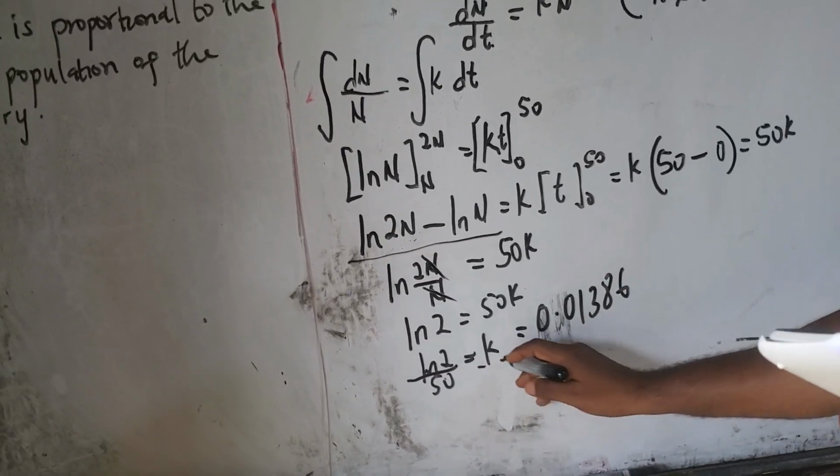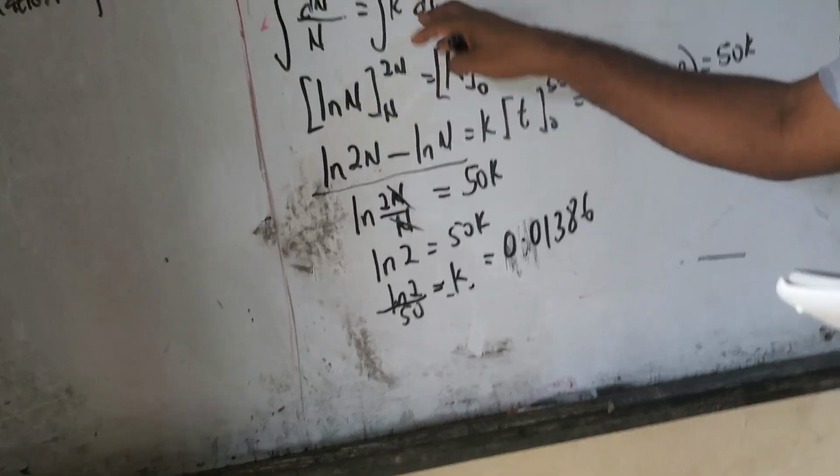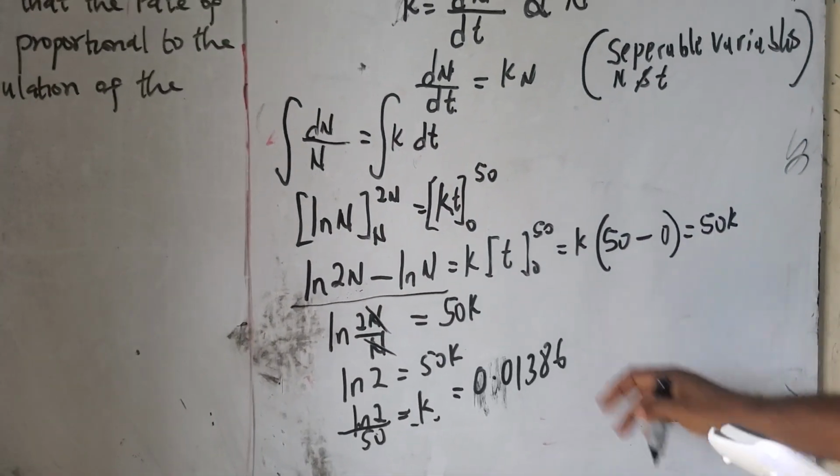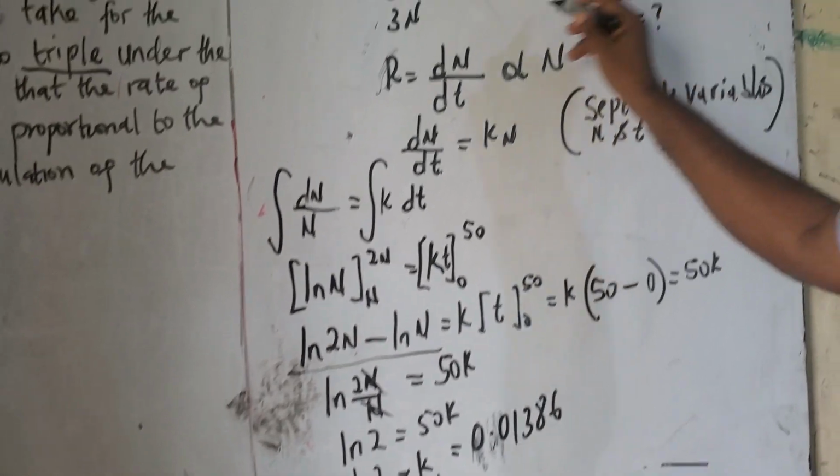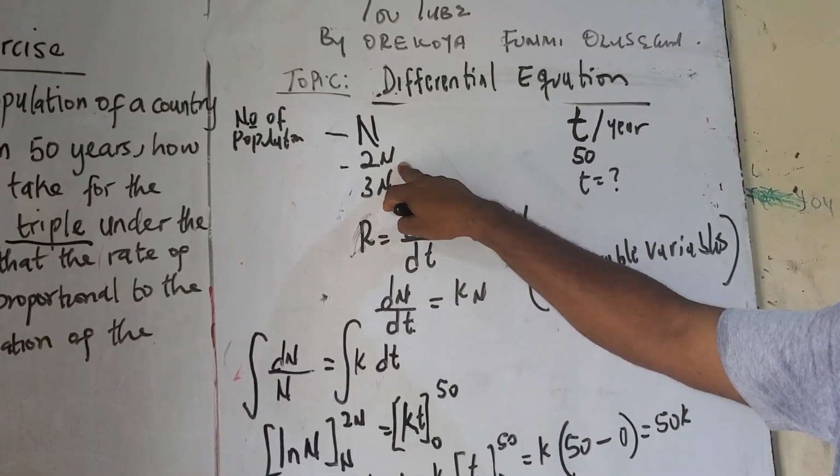So that's the constant k that we have for this particular expression. Now, that is the situation for when the population doubles.